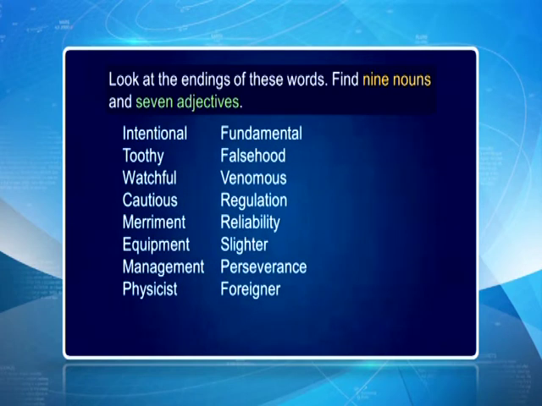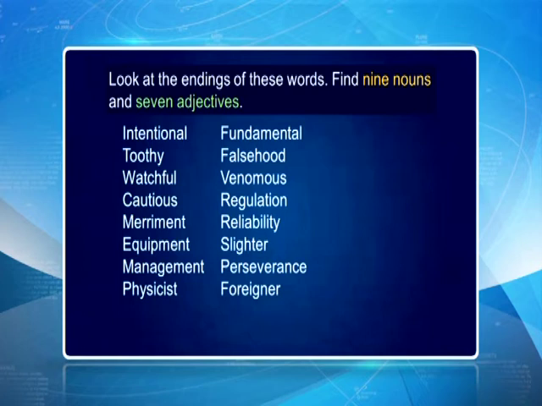Our list is like this: intentional, toothy, watchful, cautious, merriment, equipment, management, physicist, fundamental, falsehood, venomous, regulation, reliability, slighter, perseverance, and foreigner. So where are our 9 nouns and where are our 7 adjectives?